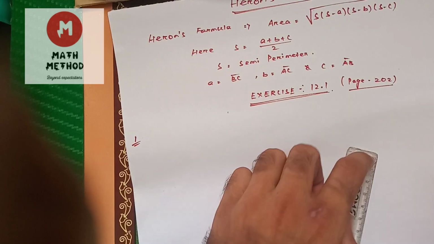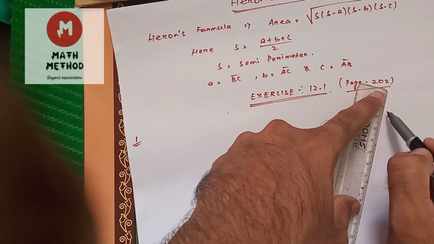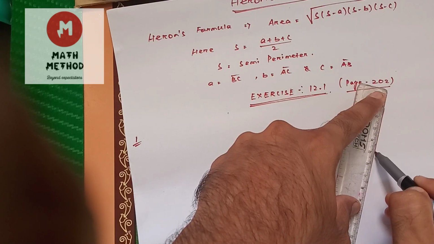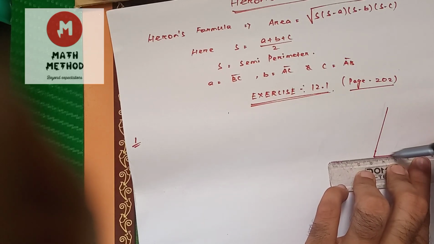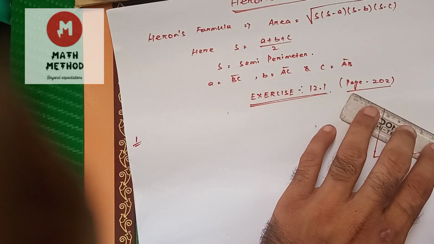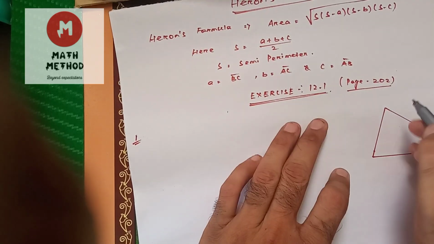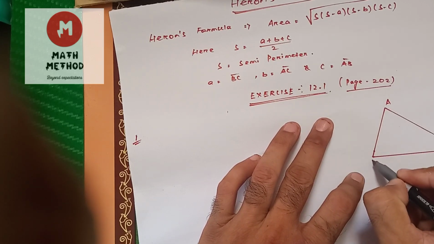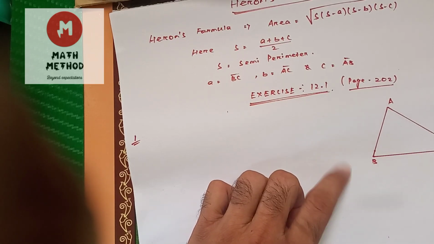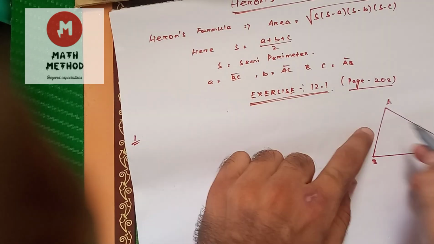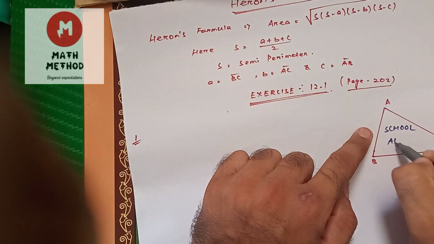The drawing is: let ABC be a triangle, and here is written school ahead.